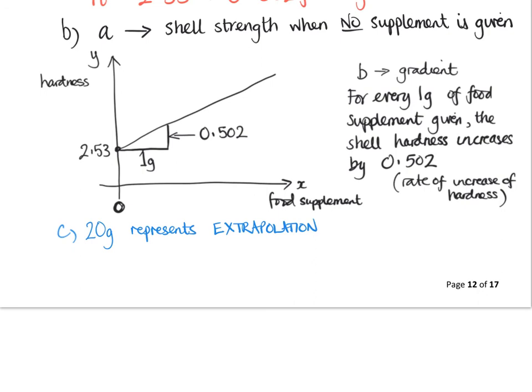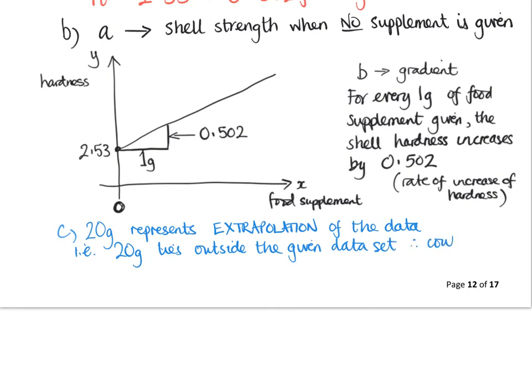And it's important that you use that term, of the data, i.e. 20 grams lies outside the given data set, therefore could be unreliable. And that's worth a little 1 mark at the end of a question. So if it's outside your data set.